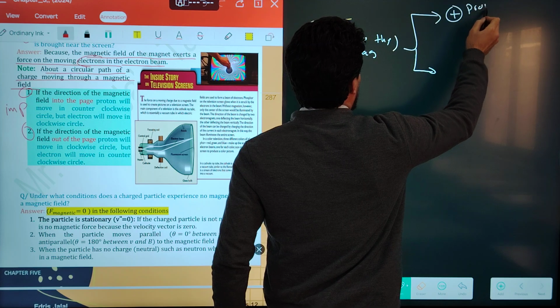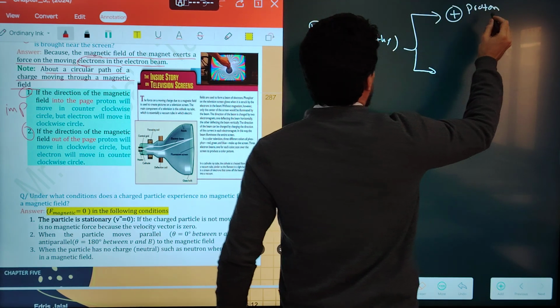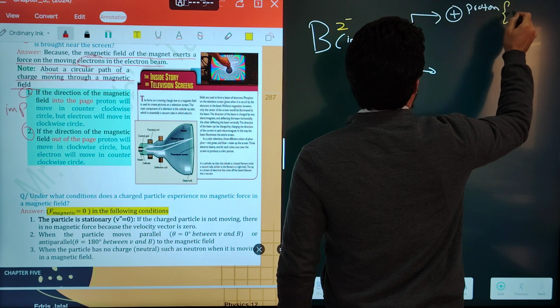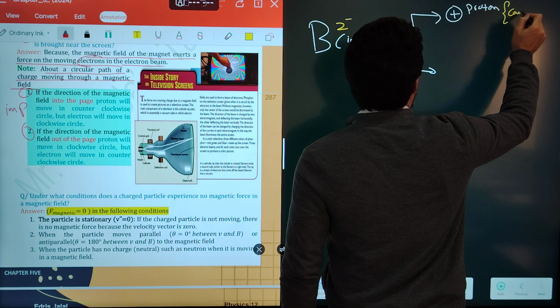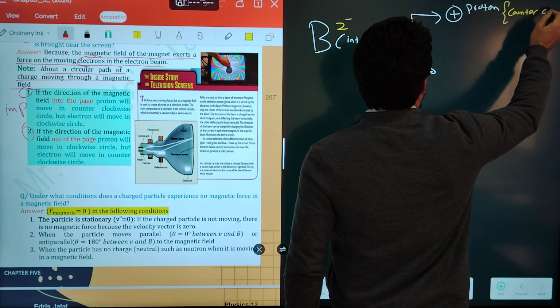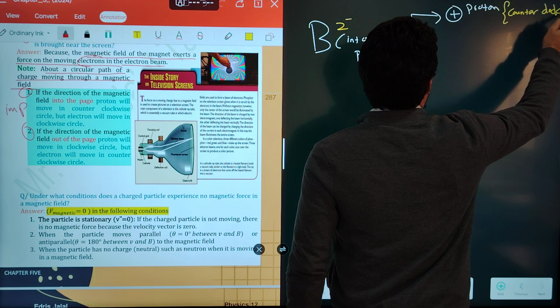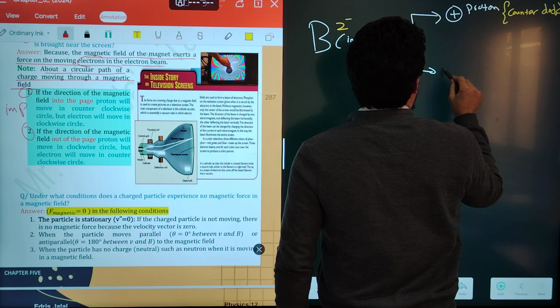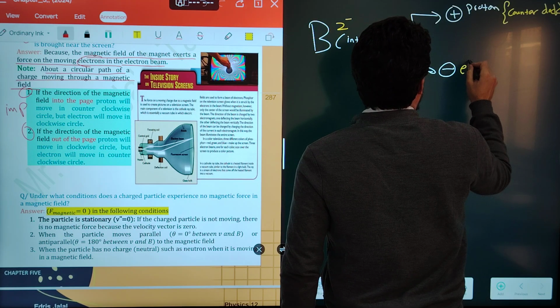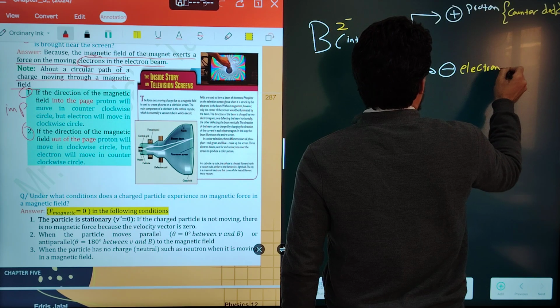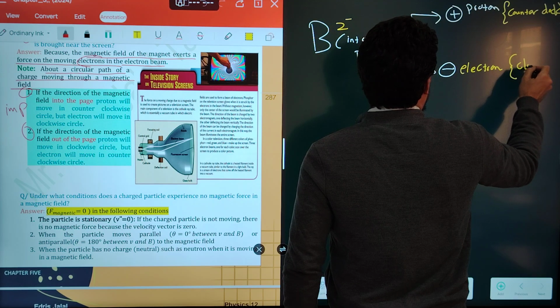Positive proton becomes counterclockwise, and electron clockwise.